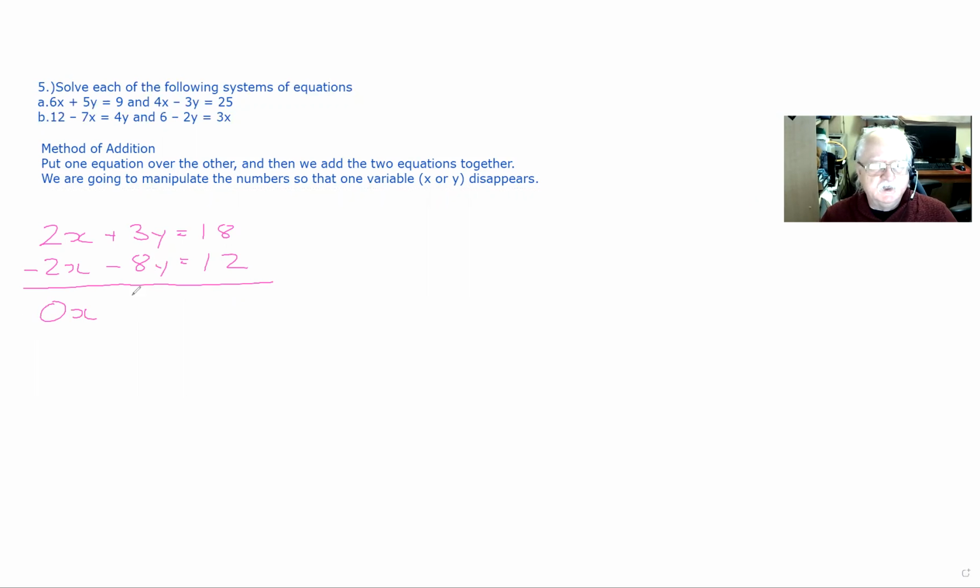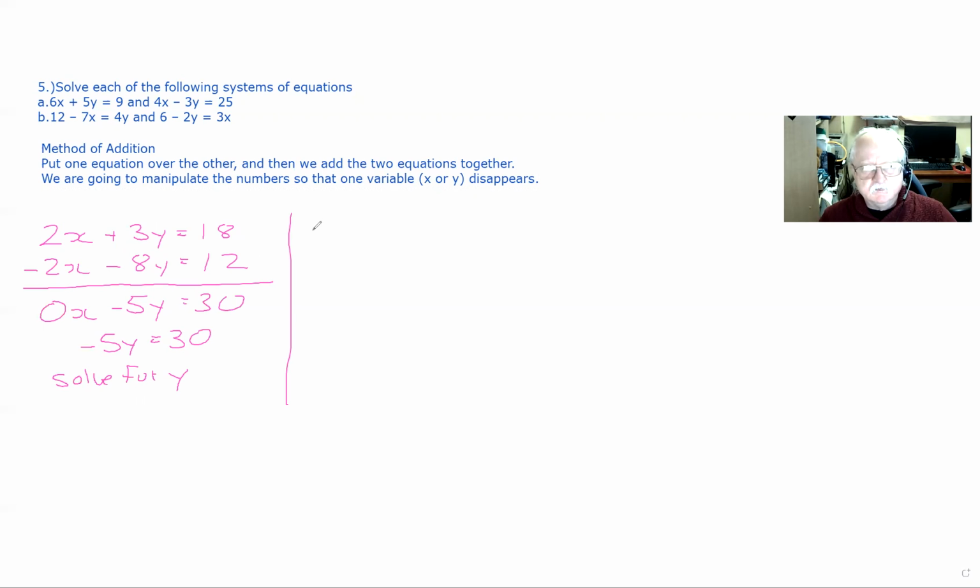So 3 and negative 8 becomes a negative 5y, and 18 and 12 becomes 30. But notice we only have one equation and one unknown. Once x has disappeared, we're only doing negative 5y equals 30, and we solve for y, and then we would put y back into the equation.